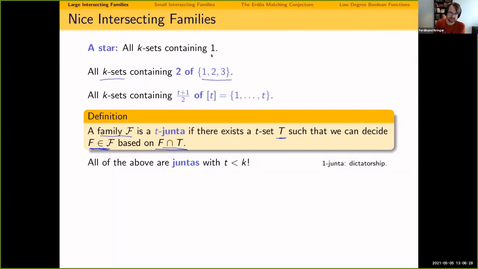Here, by looking at the intersection with the set that contains only 1. And all of these nice intersecting families have the property that they are relatively small juntas.